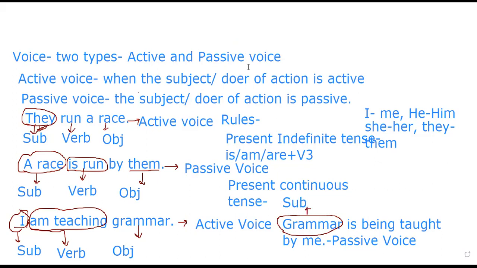Is being taught is verb, and me is object, which is passive, while I in I am was active.